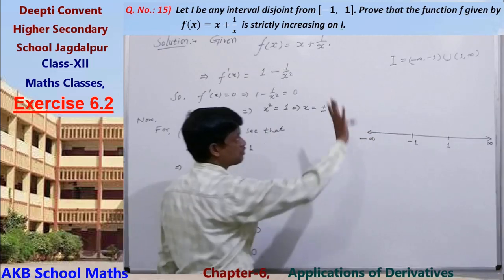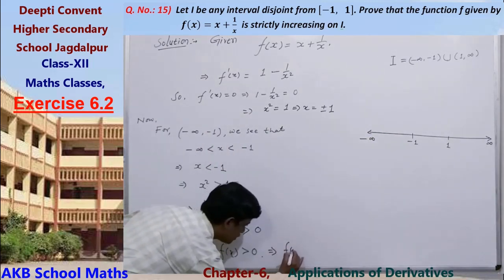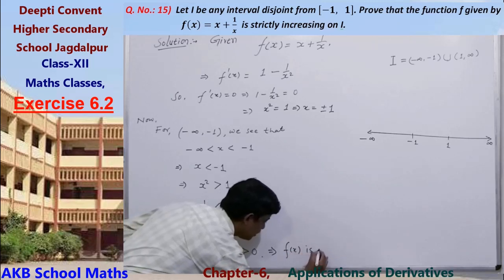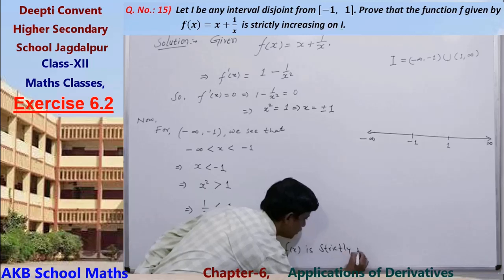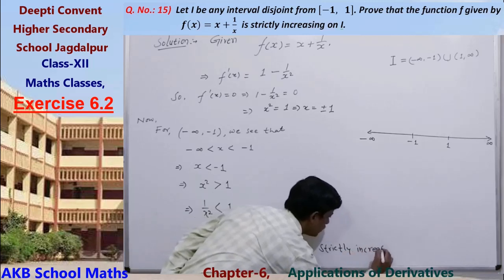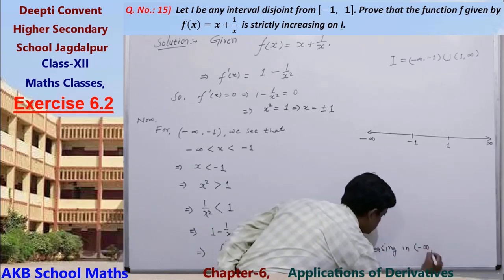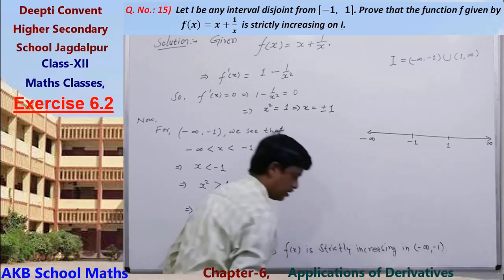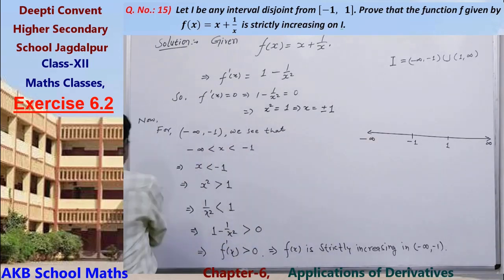That is the first part of I. So f(x) is strictly increasing in -infinity to -1.